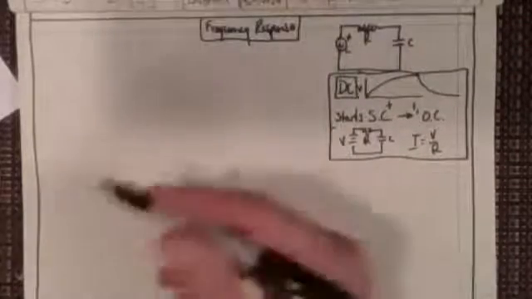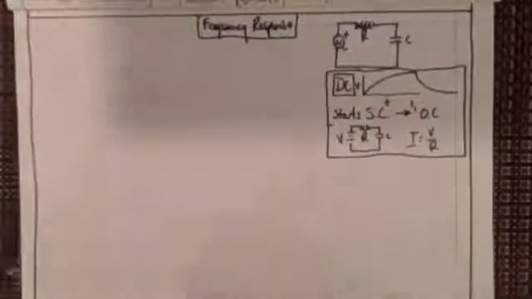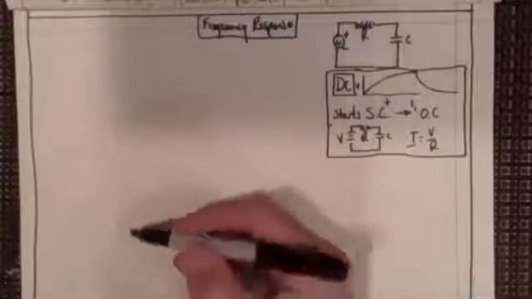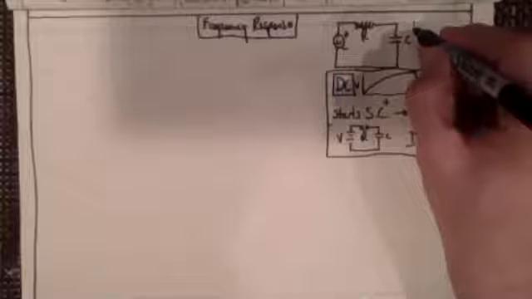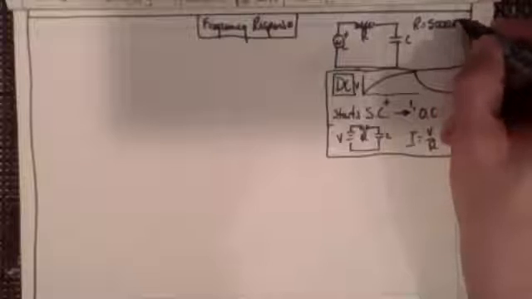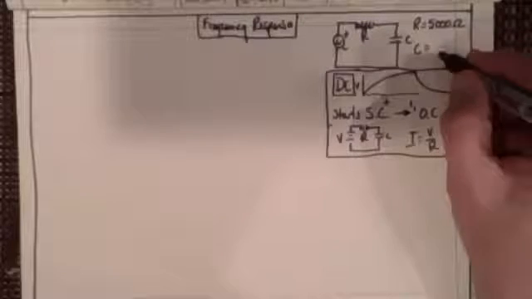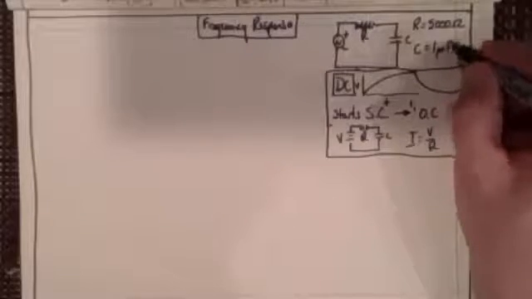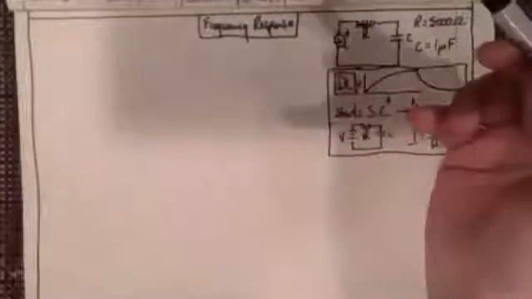In the last lecture that I gave, I said that the resistance would be 5,000 ohms. And then C, I think it was 1 microfarad. And we found a couple things out at a variety of different frequencies.